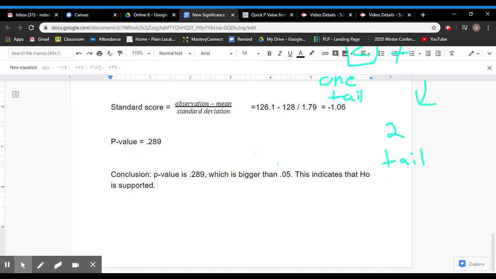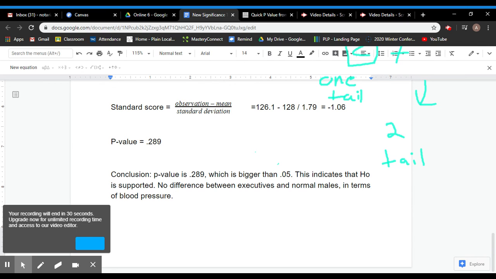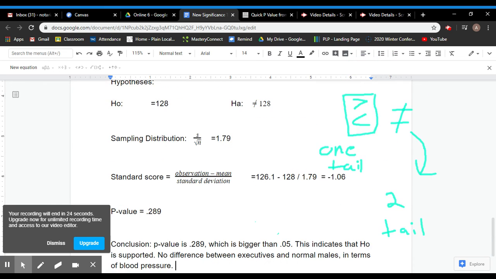So that means that there's no difference between executives and normal males in terms of blood pressure. And you can put that however you want. That's how I'll say it. All it means is that between a normal guy and someone who's an executive, their blood pressure isn't very different from each other. It's basically the same.